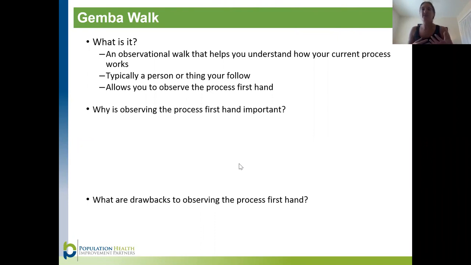So how many of you all have participated in a formal Gemba walk or observation walk, those of you that have heard of this before? So it looks like we're about at the 25% yes and the 75% no. So that's great.